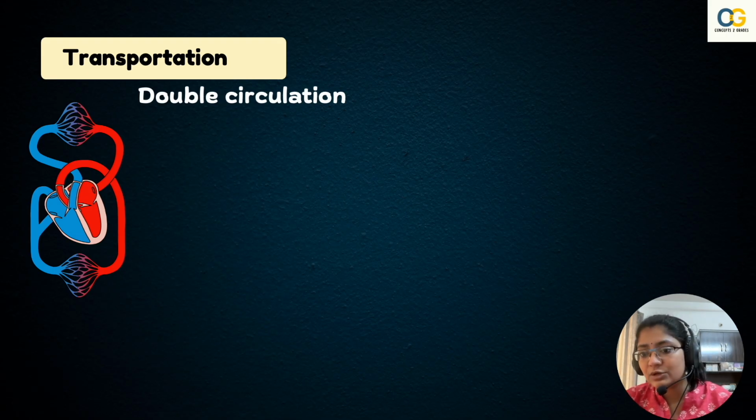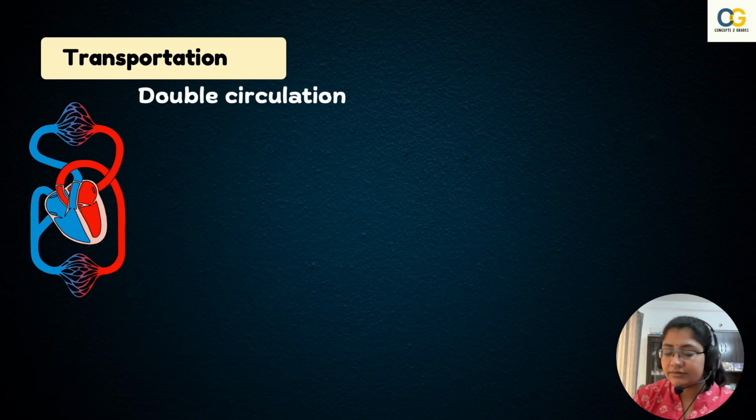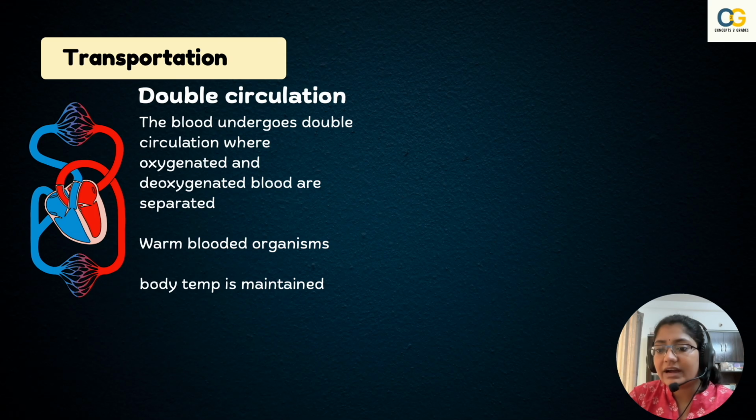And this happens because we want to separate the oxygenated and deoxygenated blood. We do not want them to mix. Why? Because we are in need of a higher body temperature. We need that separation. So blood undergoes circulation twice, where the oxygenated and deoxygenated blood are separated, and this occurs in warm-blooded organisms like human beings, where the body temperature is maintained.